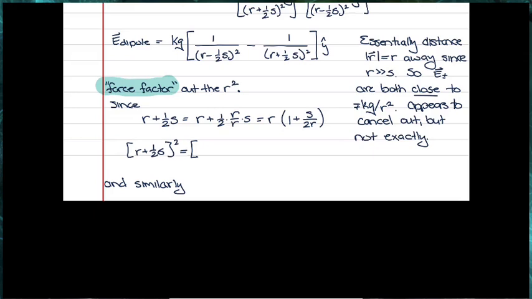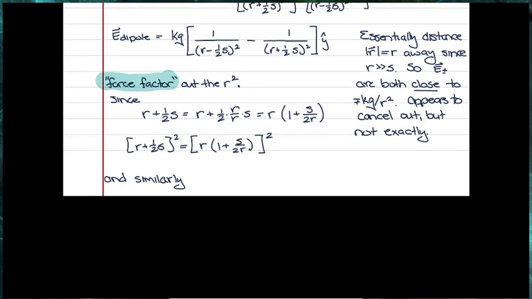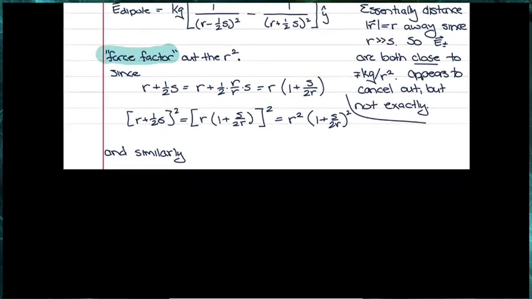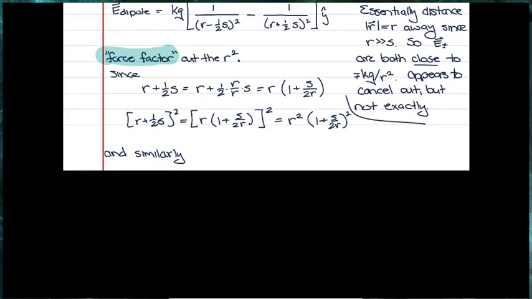Inside the square brackets, the previous line said we can write that as r times 1 plus s over 2r. But that's all within the square brackets, squared. The laws of exponents mean I can apply the exponent to each. So then that's r squared times 1 plus s over 2r, all squared. So I've factored out an r squared in that case.